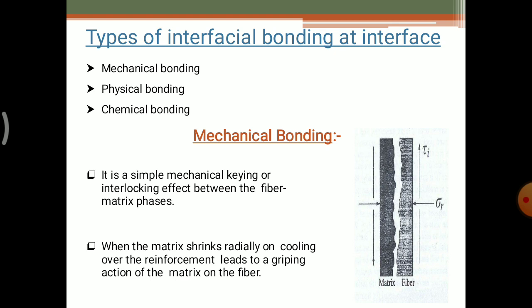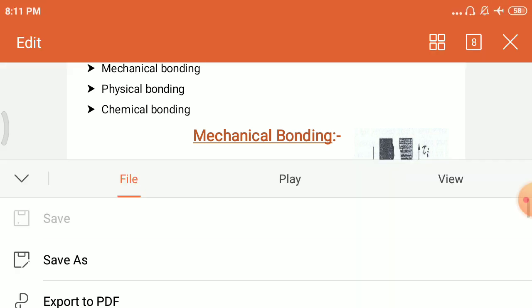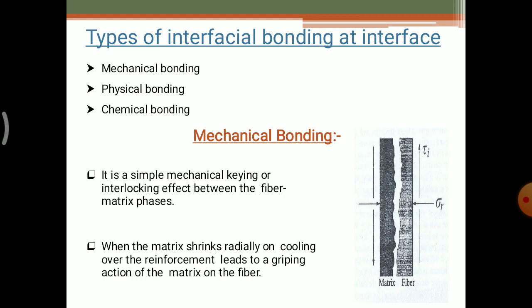During solidification, the liquid is converting into solid bonds, and this leads to the gripping action of the matrix on the fiber in the cooling structure. When it goes from the high temperature to the room temperature, it is cooling and cured. That is the mechanical bonding structure.